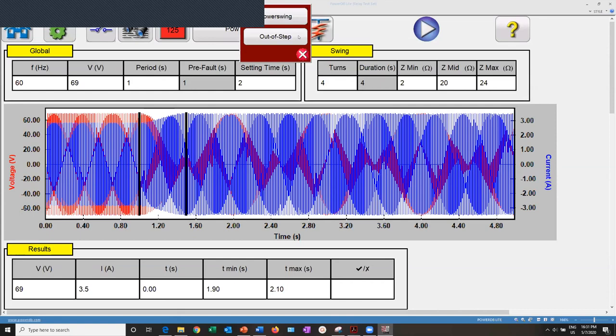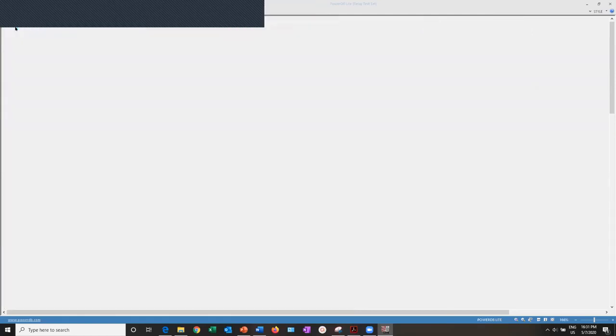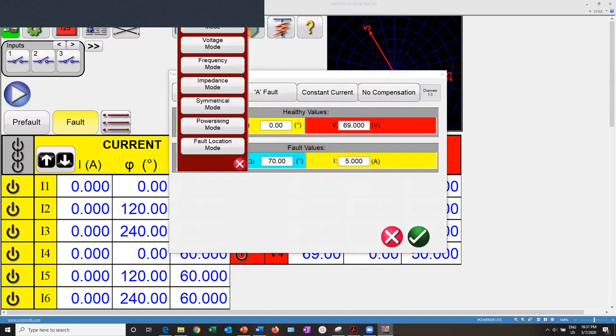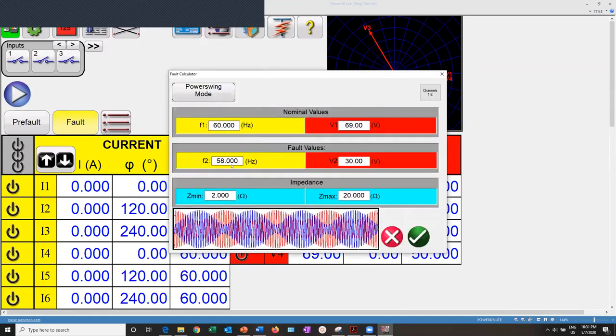Abel's pointing out power swing and out of step. You can see that he highlighted the 2 options there. And then of course there is the other method in the home screen where you can use the fault calculator to do a manual power swing. I hope this is clear, and it's pretty easy to find in the software.